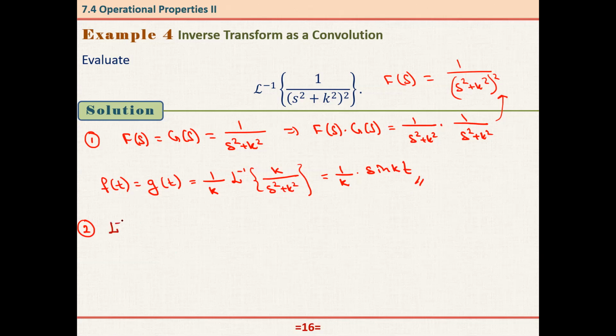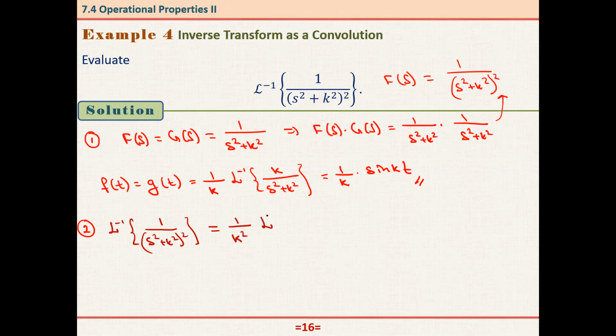So in this case, number 2, the inverse Laplace transform of this function, 1 over s squared plus k squared, squared. I can write it as 1 over k squared, since I multiply by k squared and divide by k squared.